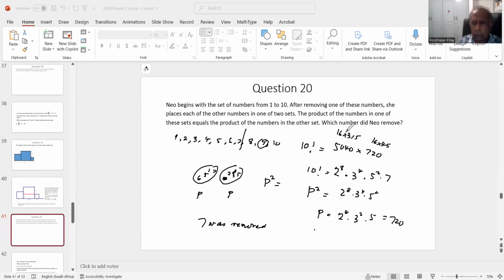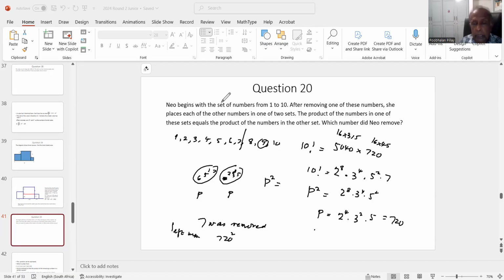They asked which number Neo removed. So we can see that 7 was removed. I could have stopped right there. But I'm saying that when you remove 7, I'm just checking to see that this number is a perfect square, and then you're left with 720 squared.